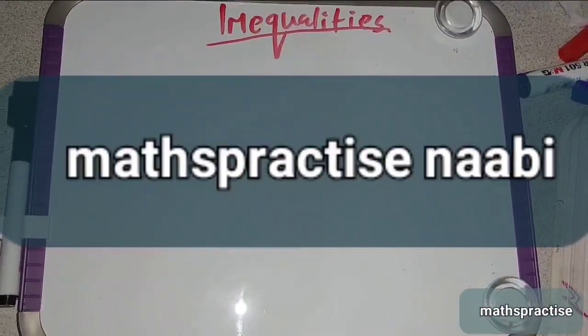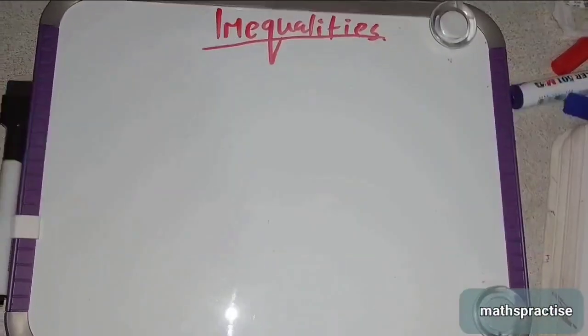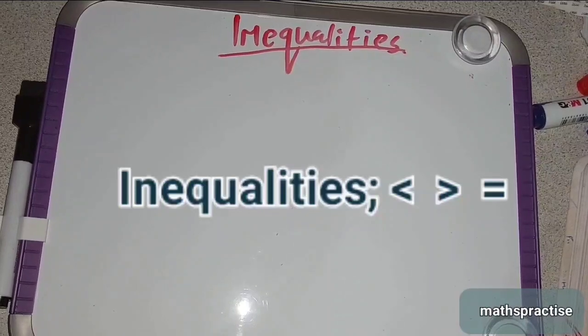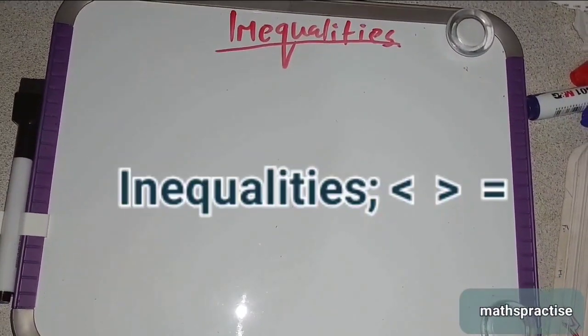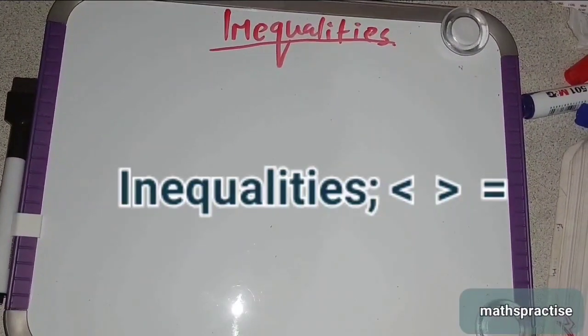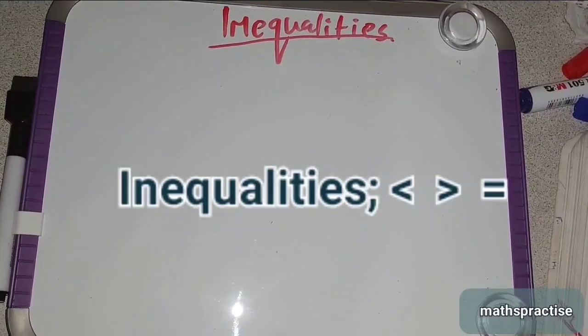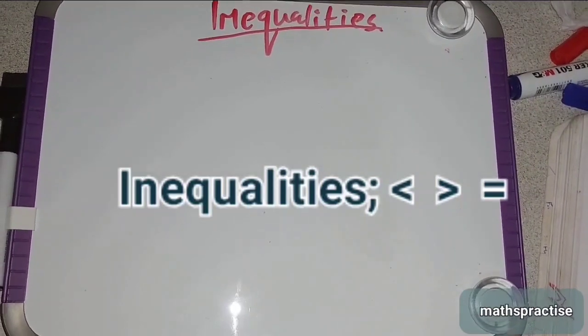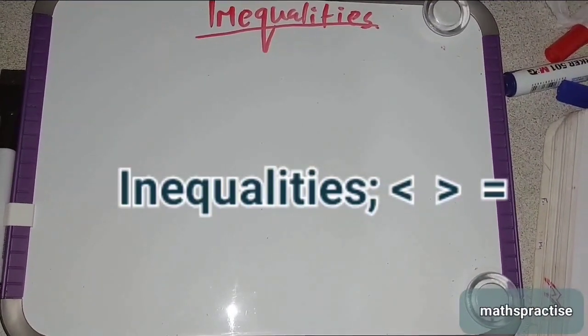So in today's video, we're going to be looking at inequalities. Like in the previous videos, we just looked at the basics of the common symbols and the types of inequalities, like the equations of inequalities, right?